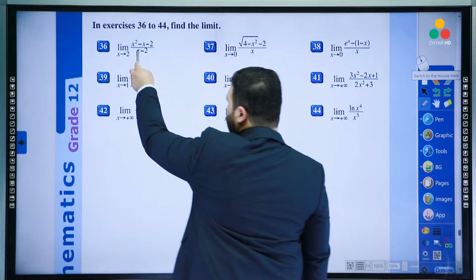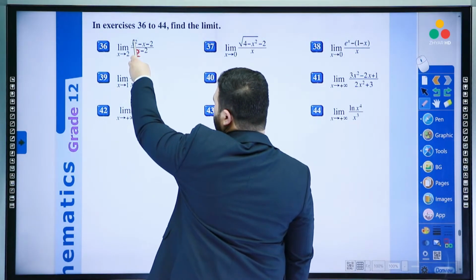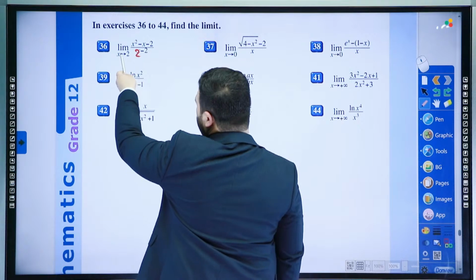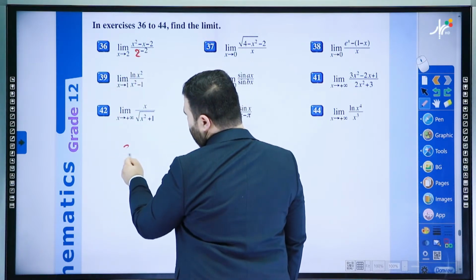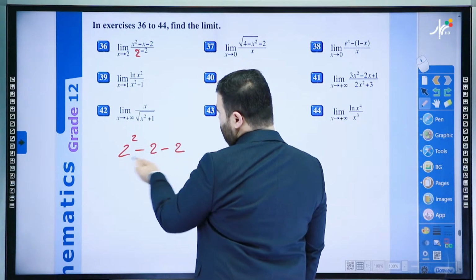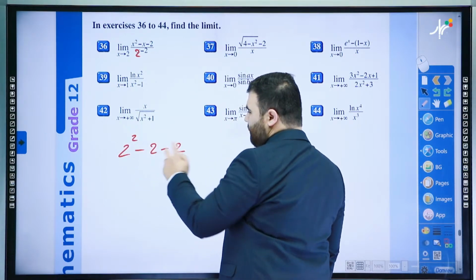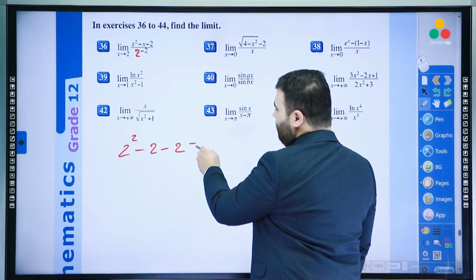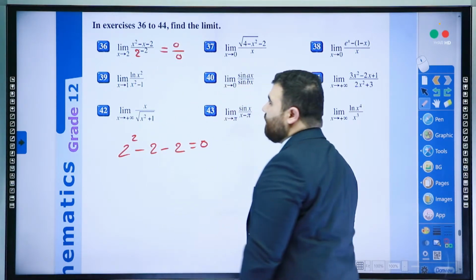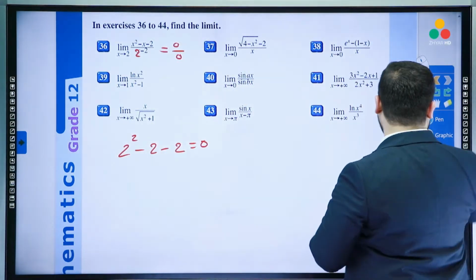If I put 0 here, it's obvious down will be 0. And if I put 2 here, down will be 0, 2 minus 2. And if I put 2 up, 2 power 2 minus 2 minus 2. 2 power 2 is 4. Minus 2, 2. Minus 2 again, it will be 0. So it will be 0 over 0. Now, since it's 0 over 0, I can use L'Hopital's rule.